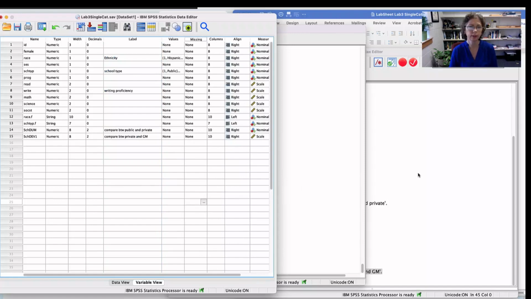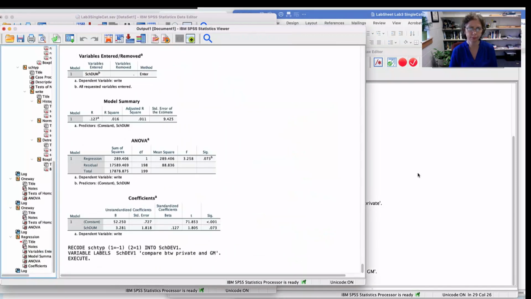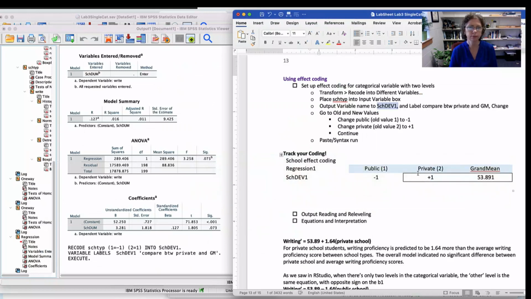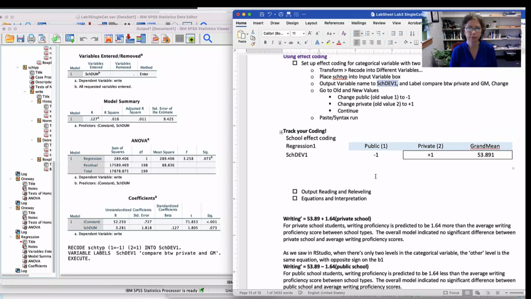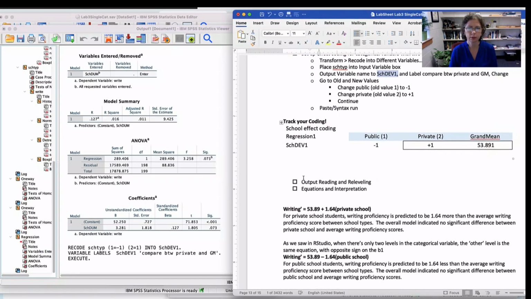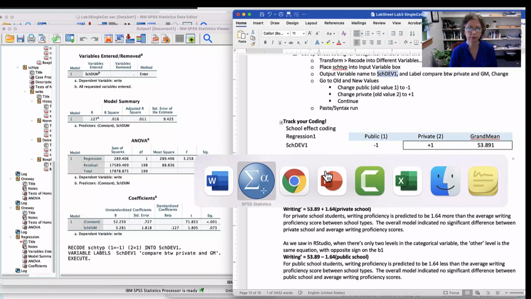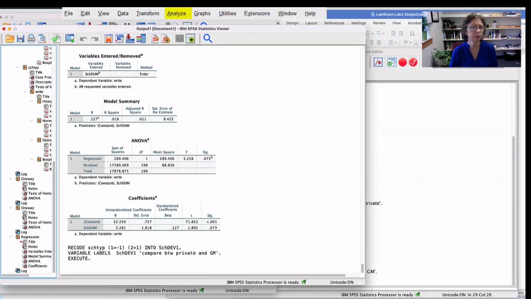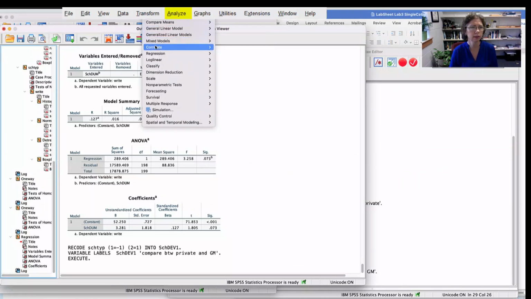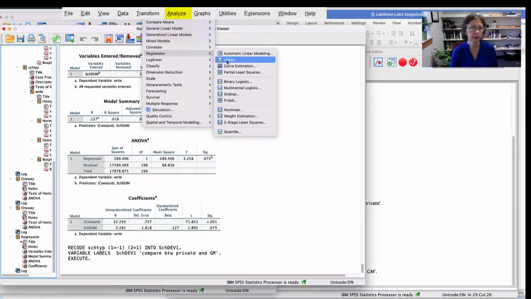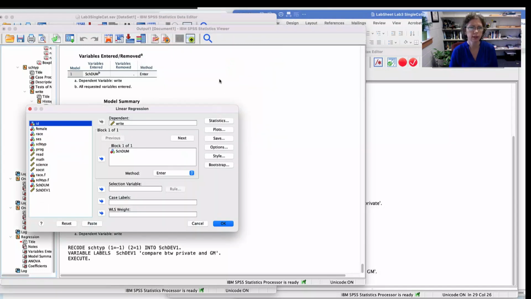Now we're ready to run the regression. For our regression, we're going to go back to Analyze, Regression, Linear, and then I can go ahead and reset this to wipe everything out, or I can just take schooldem out and put schooldev in.